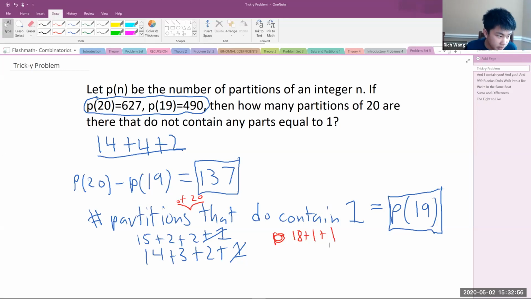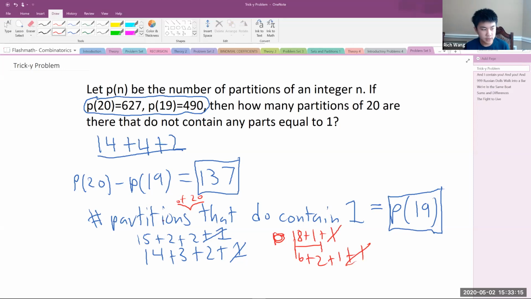In this case, we can see that by removing the last 1, we can create a new partition of 19. And if we have something like 16 plus 2 plus 1 plus 1, then by removing the 1, we still create a new partition of 19.